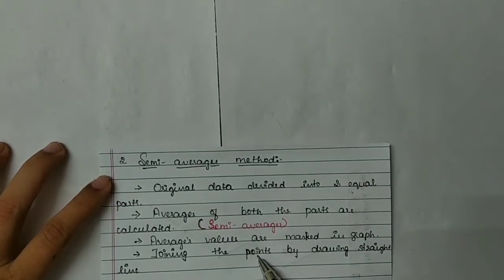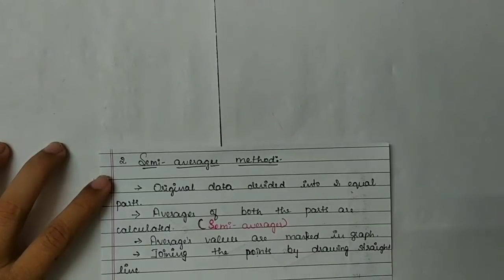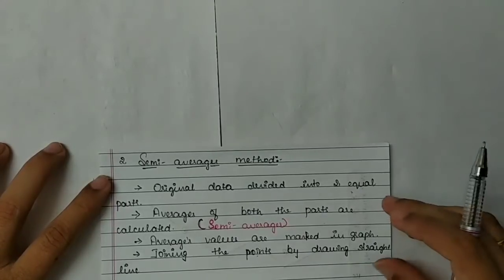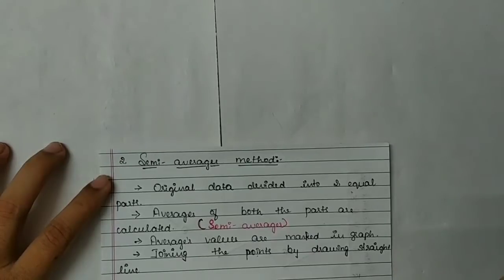And the third step is averages values are marked in the graph. In your graph, you have to mark the values first and next join the points by drawing a straight line. So these are the steps to be followed in the semi-averages method. Now let us solve one problem.